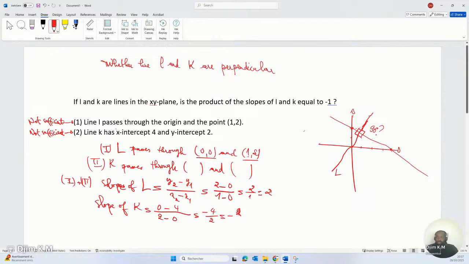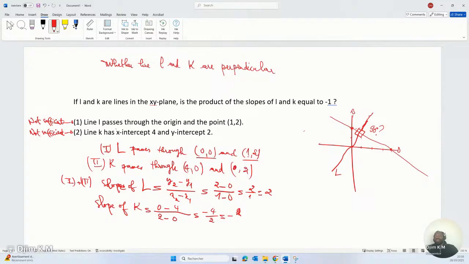Okay. So K has x-intercept 4. So it touches the x axis at the unit 4 here. So x is 4. So if it touches here, that means that y is 0. And y-intercept is 2. So that means x here is 0 and y is 2.